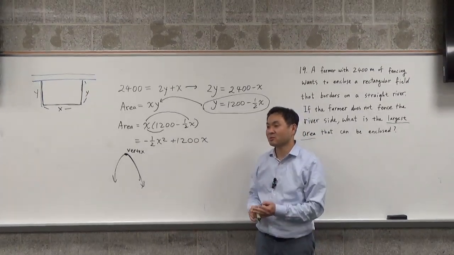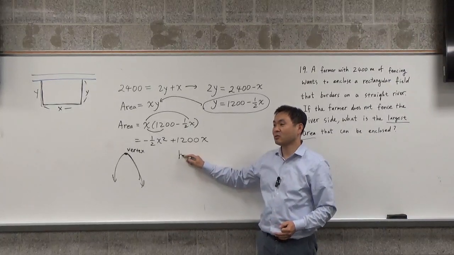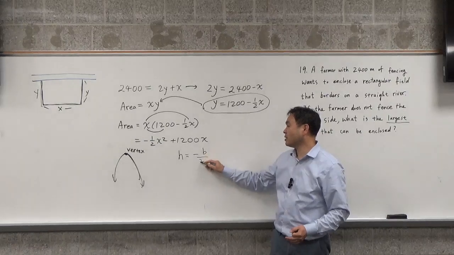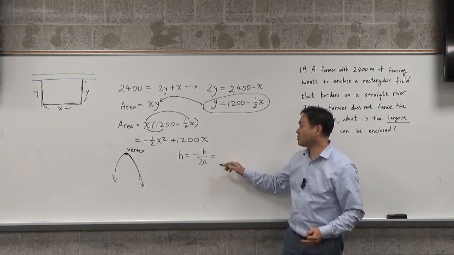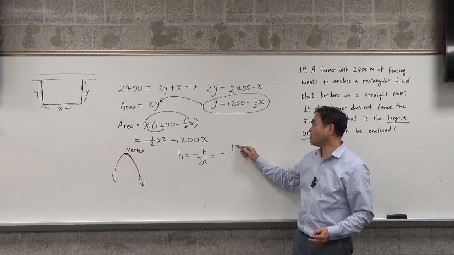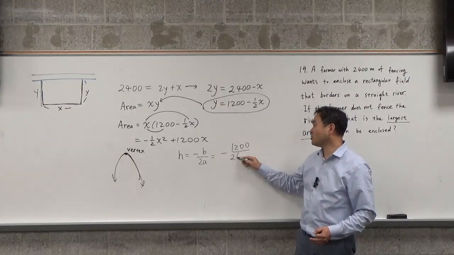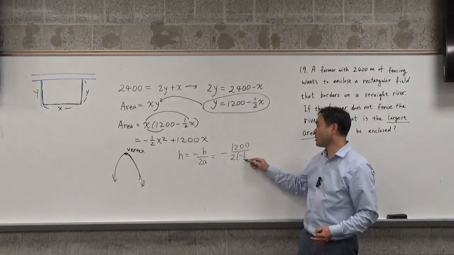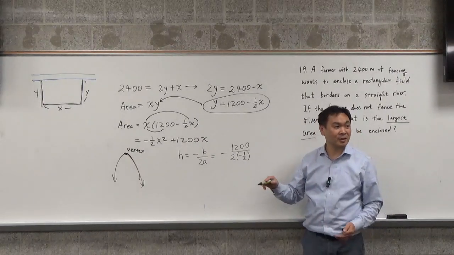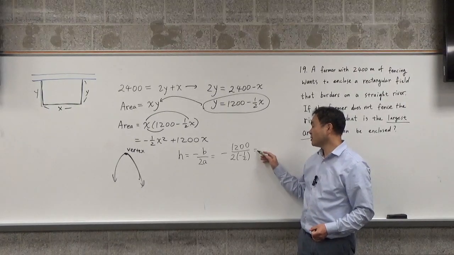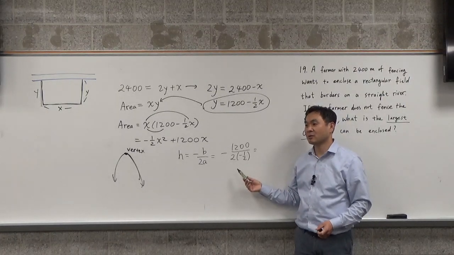How do you find the vertex? h is negative b over 2a, which is negative 1200 over 2 times negative 1/2, right? Yes? Okay. Now, is this positive or negative?